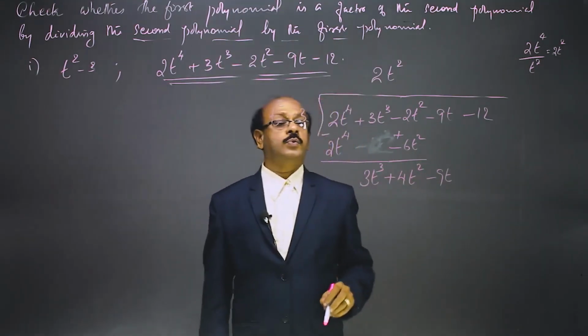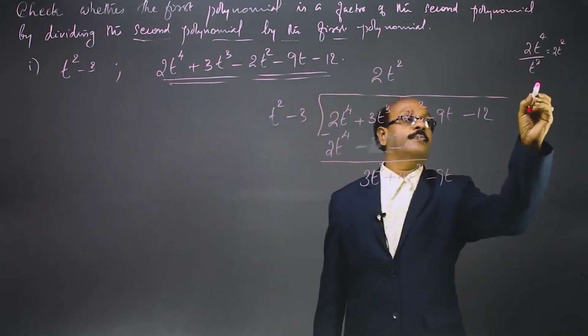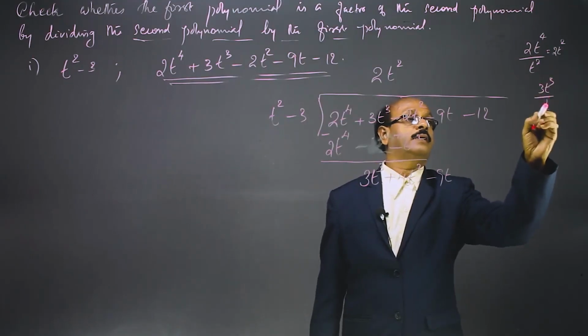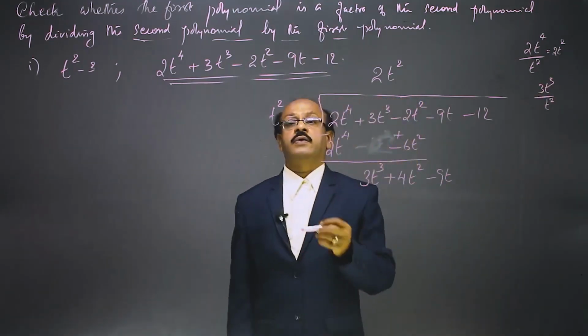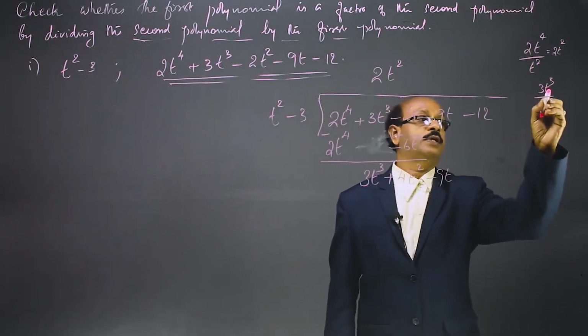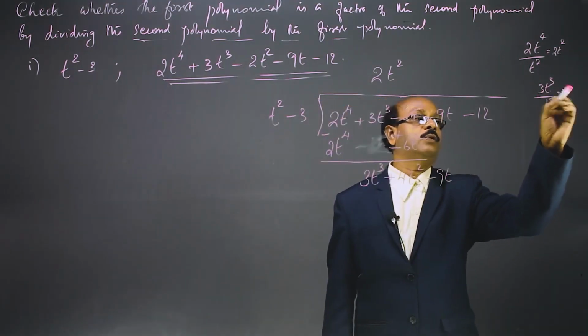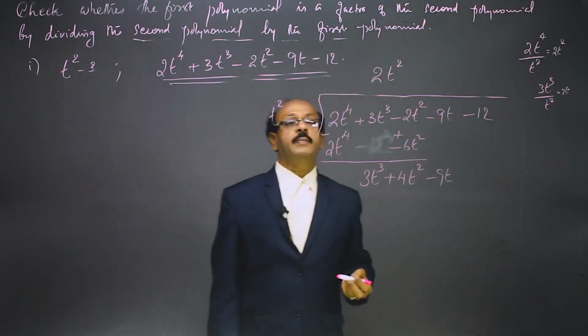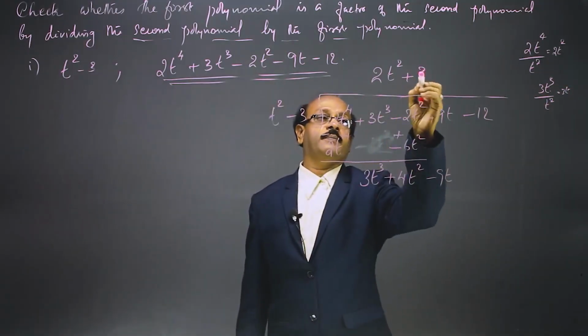Again we have to divide 3t cube by the first term of the divisor, which is t square. We will get 3t. So the next term in the quotient is plus 3t.